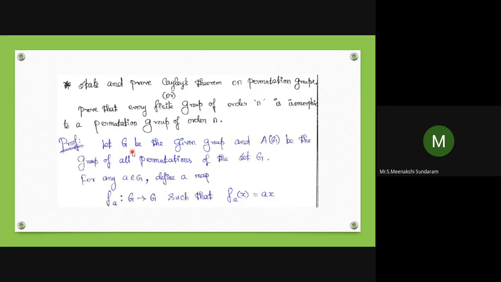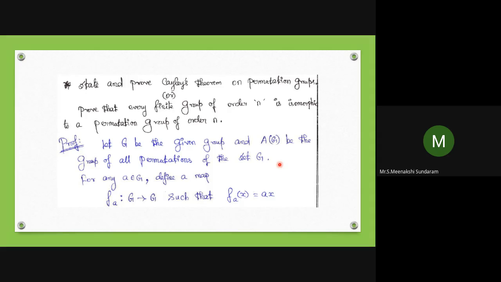Proof. Let G be the given group and A of G be the group of all permutations of the set G. Let G be the given group and A of G be the set of all permutations of the set G. Everything is a permutation group. For any element a belongs to G, you can choose one element a.